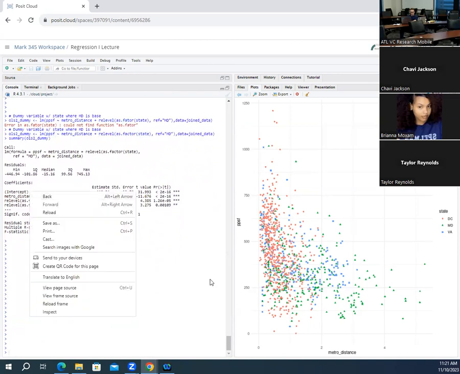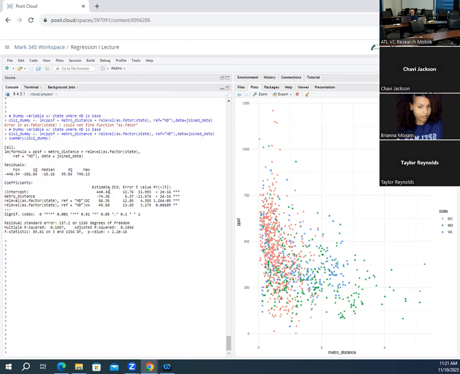So now the base is Maryland, so we get 440 for it. It's statistically significantly different from 0. The significance level is less than 1%. All we've changed is the ordering of the dummy variables, so nothing with regards to the coefficient on the metro distance is going to be affected. And if I look at the relevant factor for the intercept for DC now, it's 56.